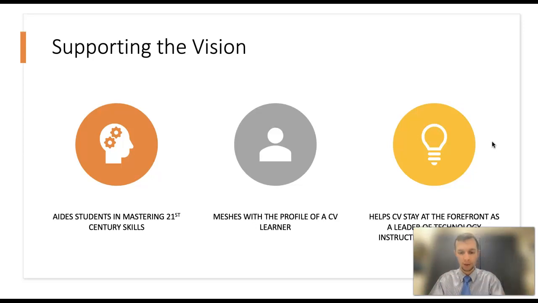And the profile has a couple of different aspects to it, but many of the aspects are those 21st century learning skills that colleges and careers are looking for in the students that are coming to them.